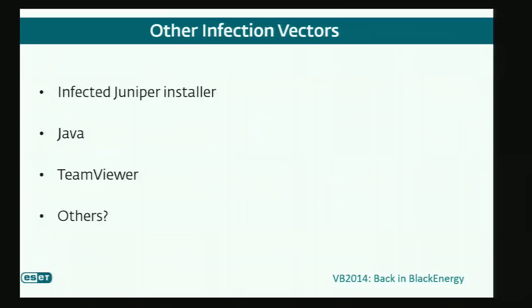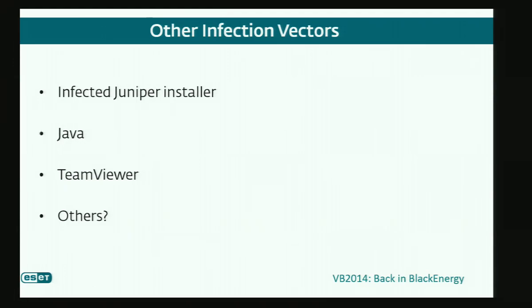Now, other infection vectors for BlackEnergy were put to use, not just the graphic ones with decoy documents and so on. Remember that parasitic infector plugin? That was also actively used, and we've seen infected installers of Juniper software, which were used to spread BlackEnergy. Also, other infection vectors were Java and TeamViewer, where infections originated from these processes.